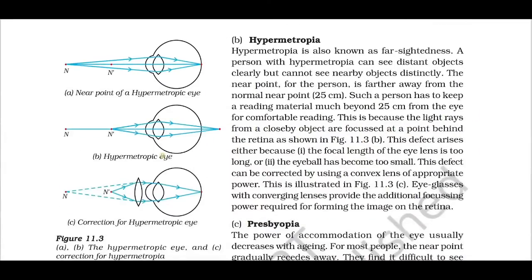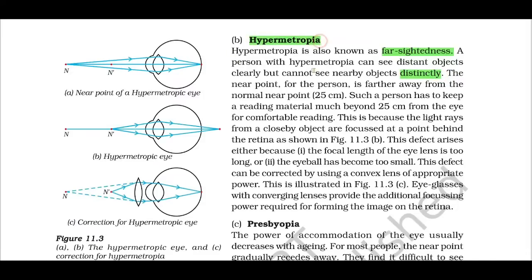Now we'll see hypermetropia. The next defect we are going to study is hypermetropia. Hypermetropia is also known as farsightedness. What do you mean by that? A person with hypermetropia can see distant objects clearly, but cannot see nearby objects distinctly.